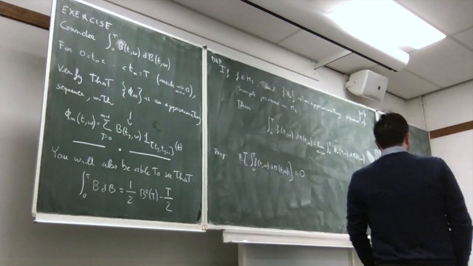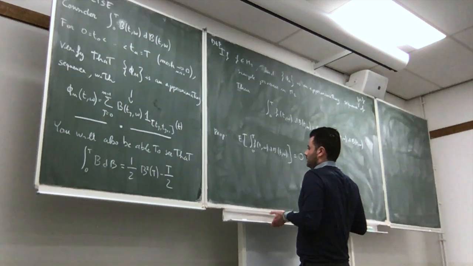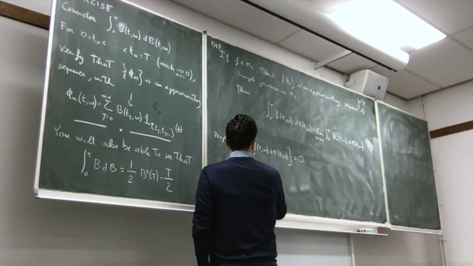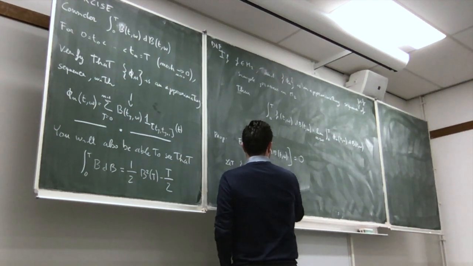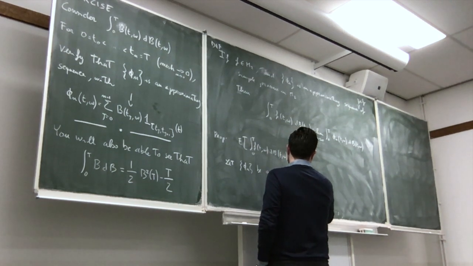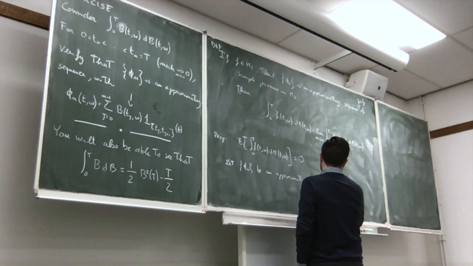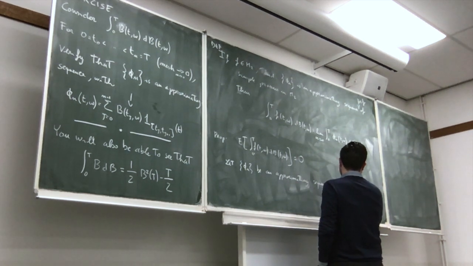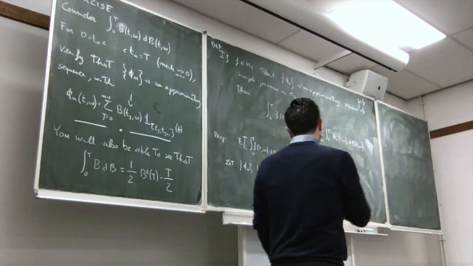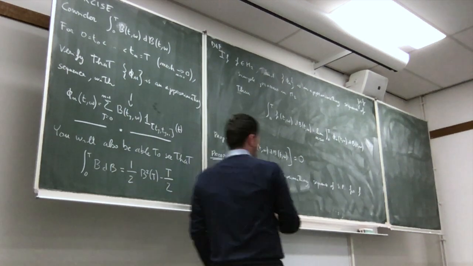Now, how can we prove that? In the following way. Let phi_n be an approximating sequence of simple processes for f. And again, they are both in the M2 class.